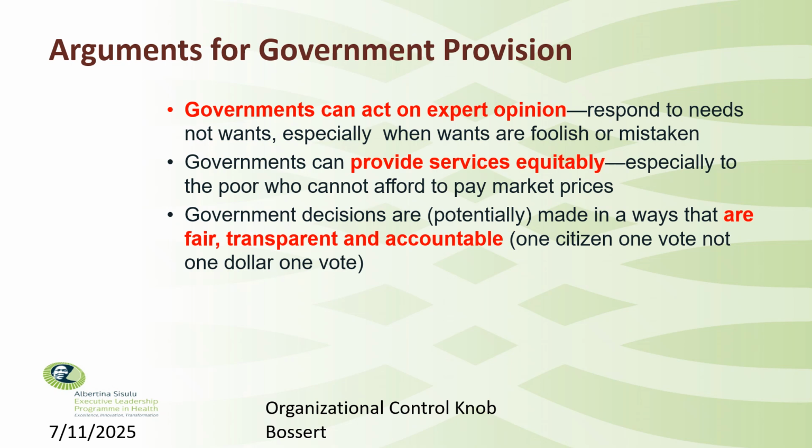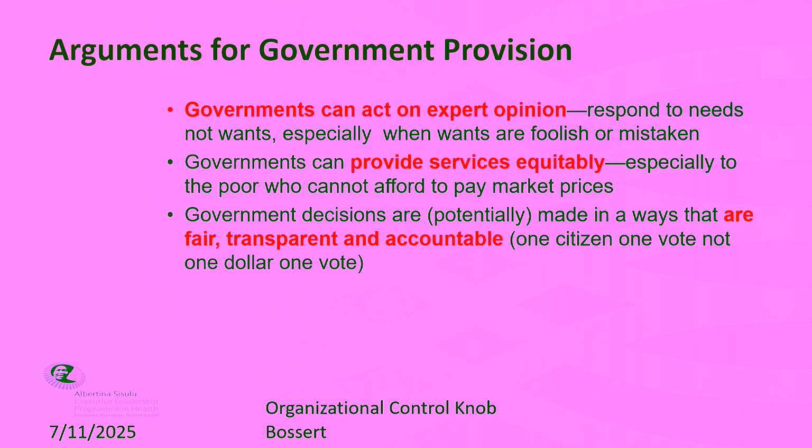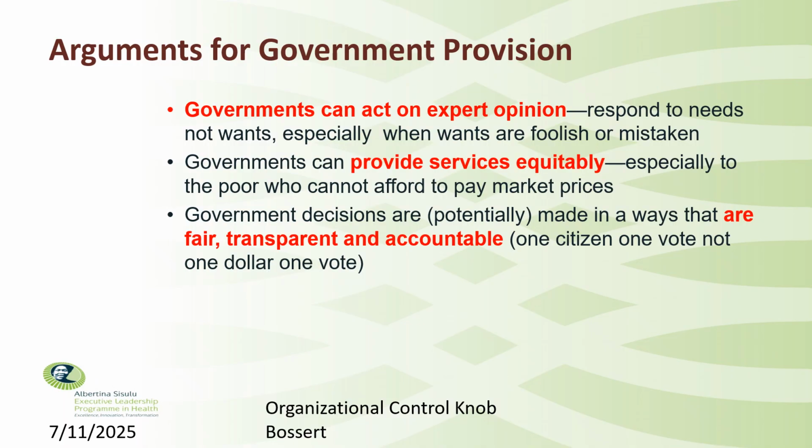I mean, that's the whole point of our democracy, that we as citizens are voting in a government that we believe is going to be fair and transparent and accountable and is going to put our needs first. So these are all the arguments for government provision.